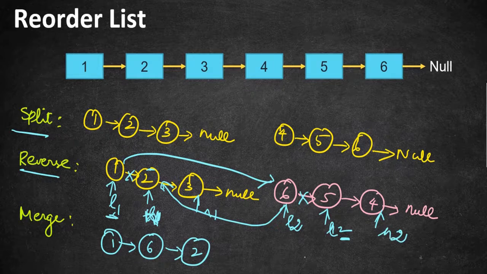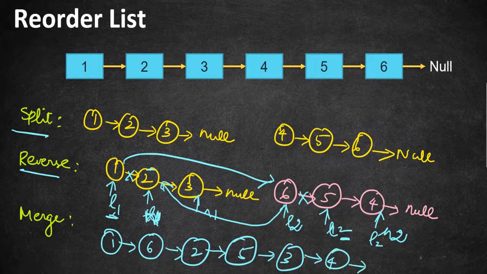And we have to again make the same set of connections, from L1 to L2 first, and then L2 to N1, and then N1 to N2. Otherwise L2 will be moved here. So we have to keep connecting them till we reach the end of both linked lists. Once this is done, it will be merged in whatever order we want.